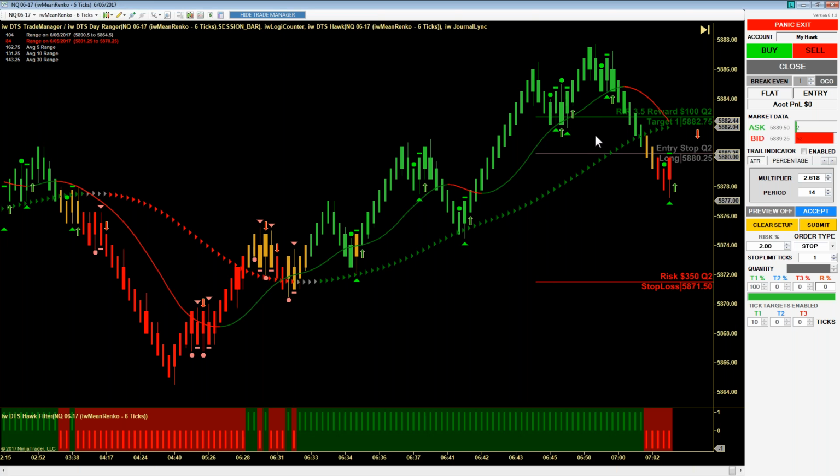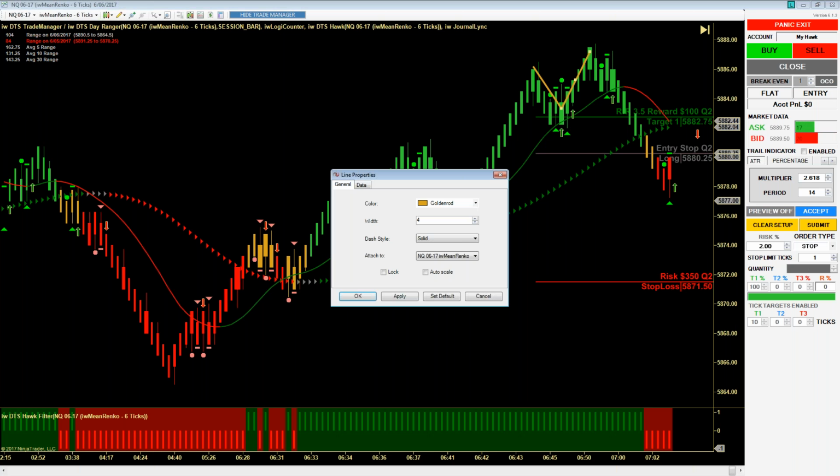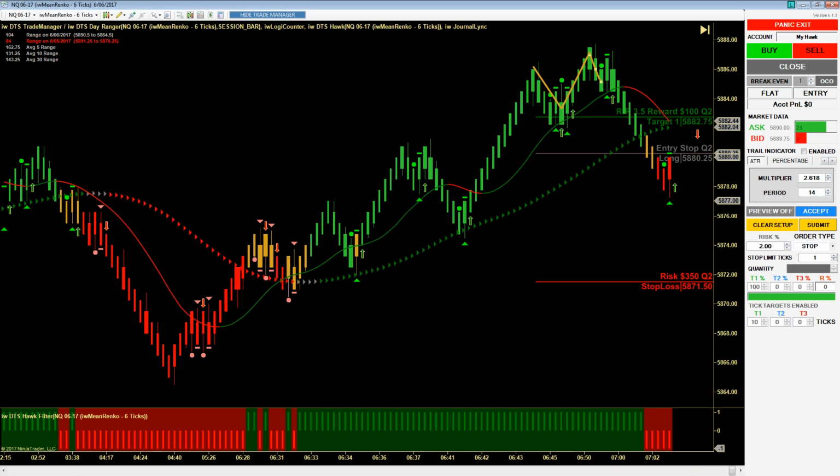Yes, we had a tiny little retest here, and you might even say this little hiccup here was a retest. But normally the market's going to give you a very clear retest, a very clear failure if you're looking for it.